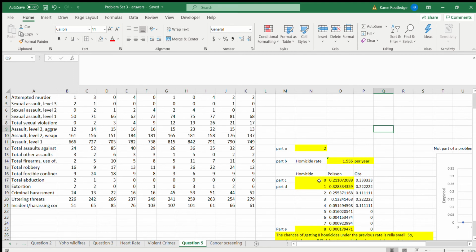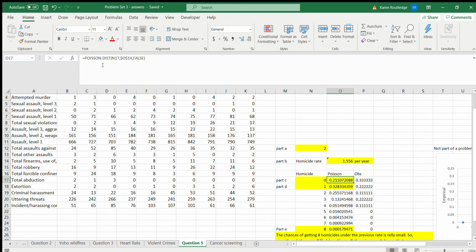So part C and D, and in the end, part E, are all using that. For part C, we're asked for the probability of no homicides in a given year. So there's our 0 homicides. We've already identified that we want to use the Poisson for this because we have no upper bound. We can't use the binomial.